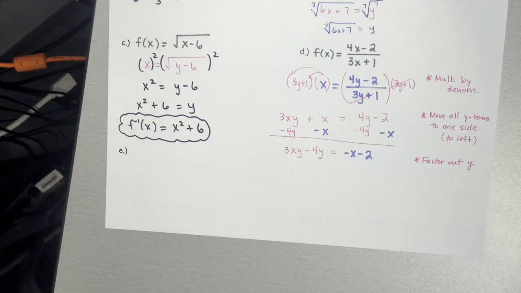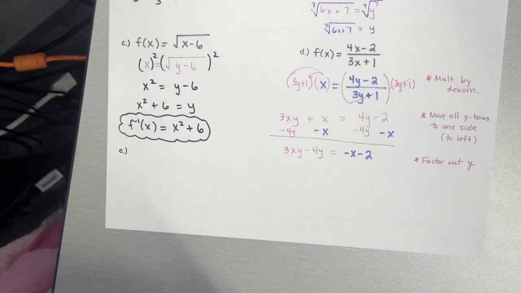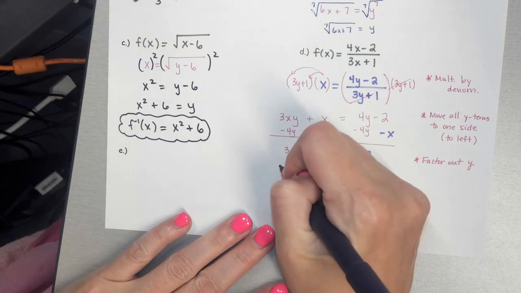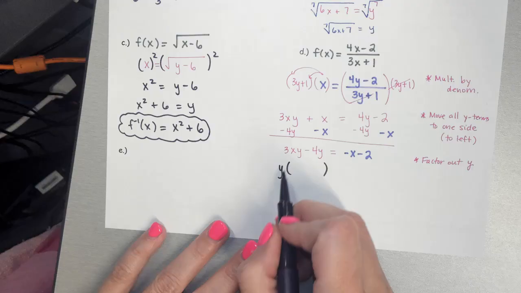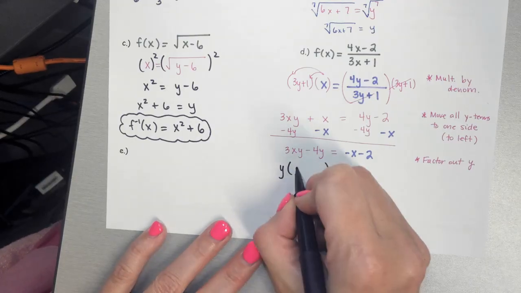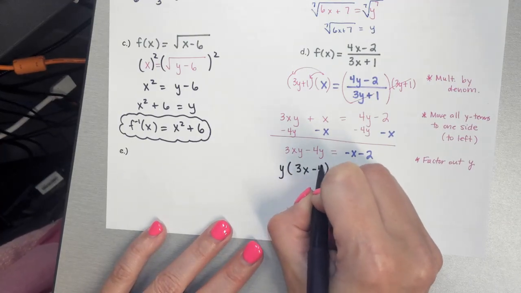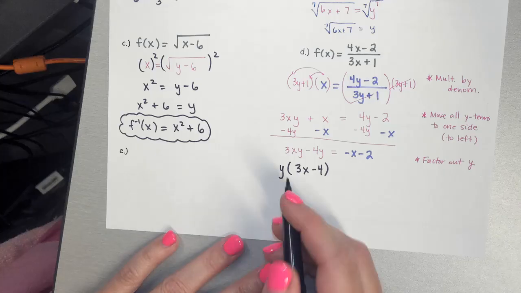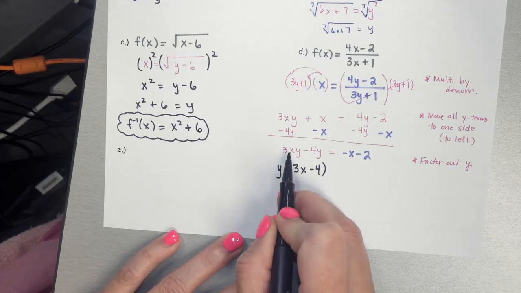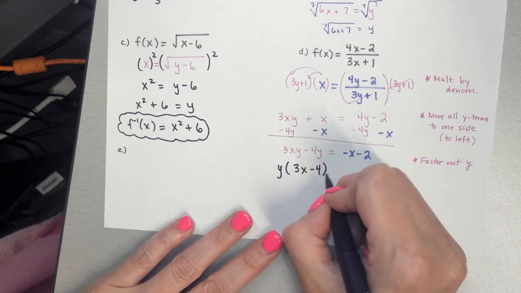Only factor out the y value, because now you have one y term. If you take out the y, it's just division. This would be 3x minus 4, right? That factoring is really the distributive property in reverse. So if you were to multiply this back, you should get the same thing.